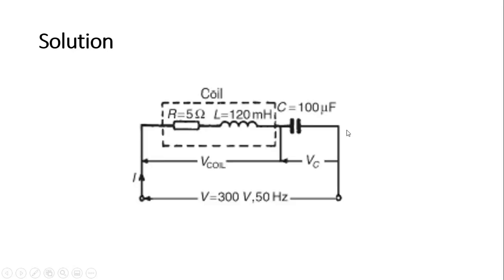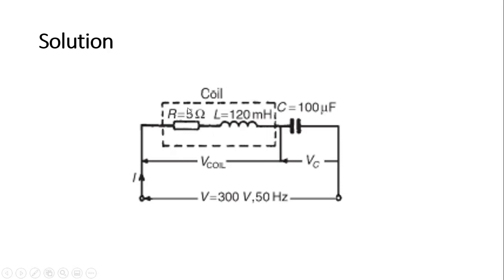So how do we solve this? We can draw the circuit diagram. If you look at the question, it said a coil of resistance 5 ohms and inductance 120 millihenry. These are the two. They are in series. The question says they are in series. So you draw your resistance and draw your inductance in series. So these two that are in series is the coil.